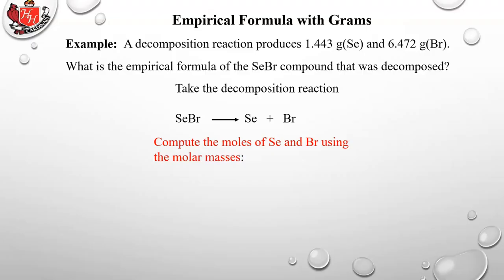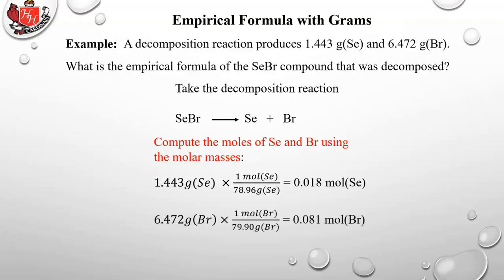So compute the moles of selenium and bromine using the molar mass. So go to your periodic table, find the molar mass of selenium. 1 mole is 78.96 grams. That's straight off the periodic table. And when you do the stoichiometry on that, you get that that's 0.018 moles of selenium. Do the same thing for bromine. Get the molar mass of bromine off the periodic table.